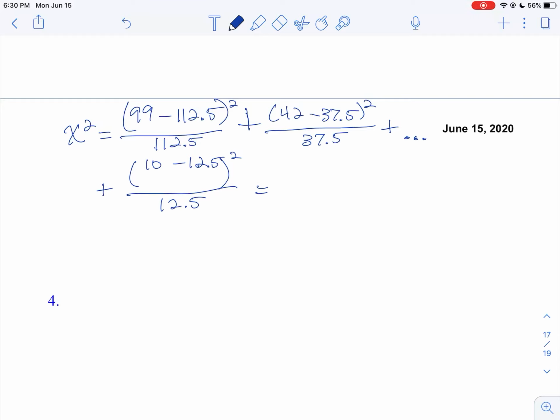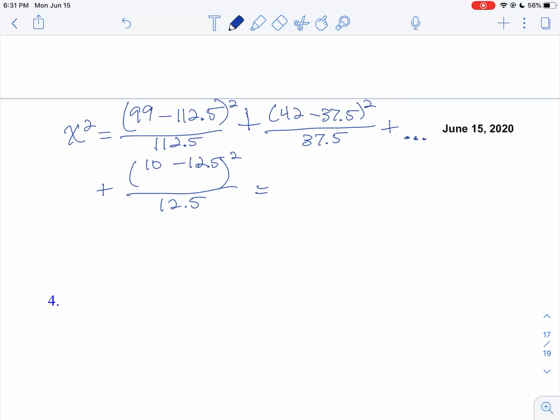And then in my expected we had 112.5, 37.5, 37.5 again, and 12.5. And then I can just do stat over to tests, up to chi-square GOF test. Remember, not just plain chi-square test. It's got to be the chi-square GOF, goodness of fit test.